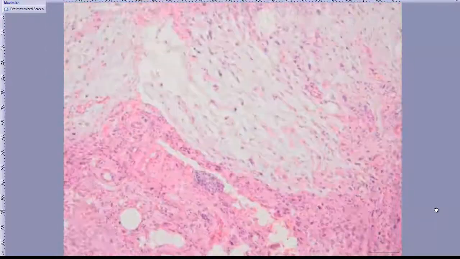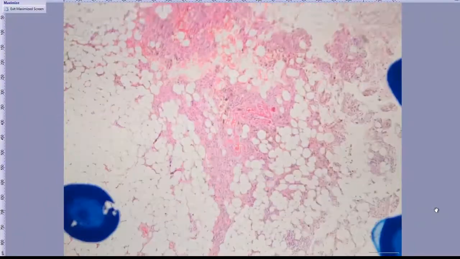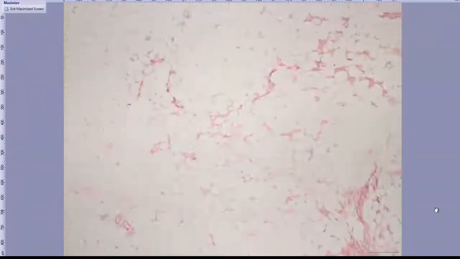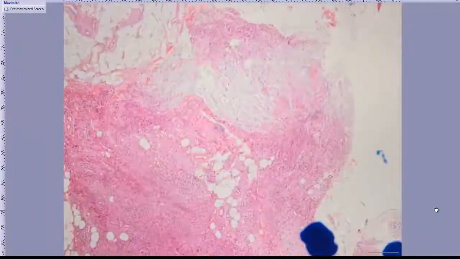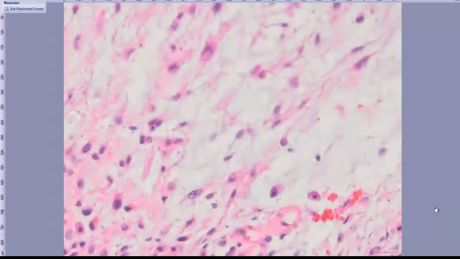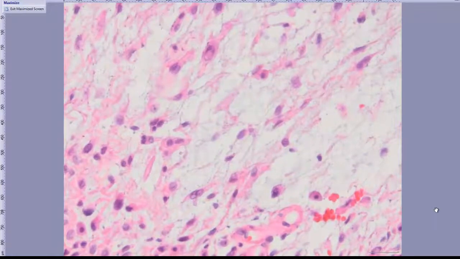The other interesting part of this case was the presence of myxoid areas. Let me find, and it's always hard to find these kinds of things during the video microscopy. And here we have a small part. Some of the cells do have the intranuclear inclusion, as you see here.